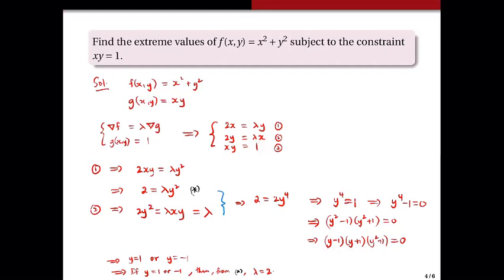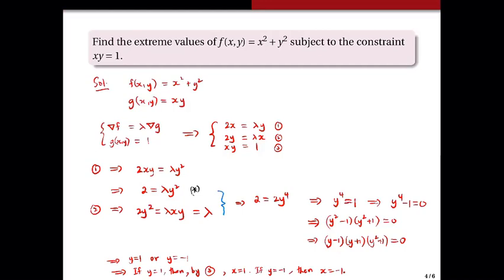So if y equals 1, then by equation number 3, x equals 1. If y equals -1, then x equals -1, again by equation number 3.